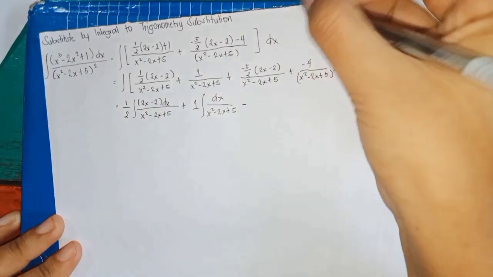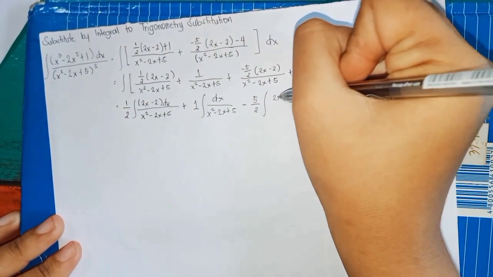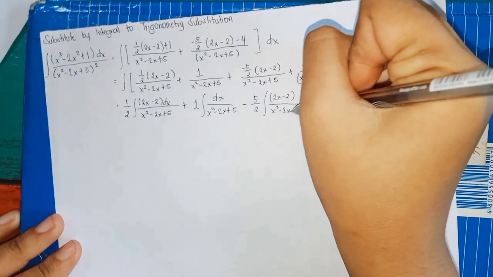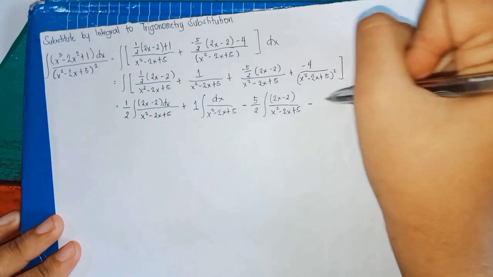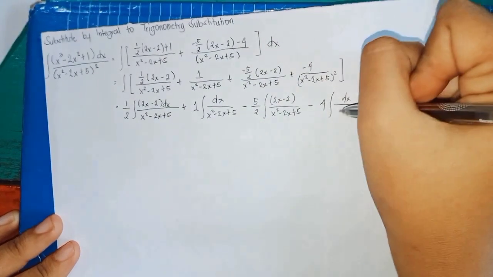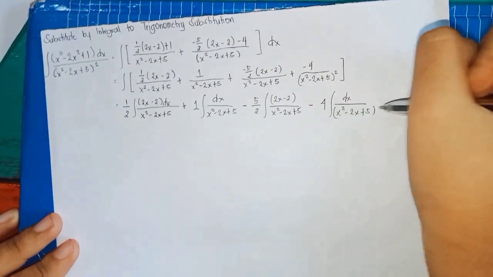We have 5 half here, so 2x minus 2 all over x squared minus 2x plus 5, minus 4, we have 4 here, so dx over x squared minus 2x plus 5 squared.